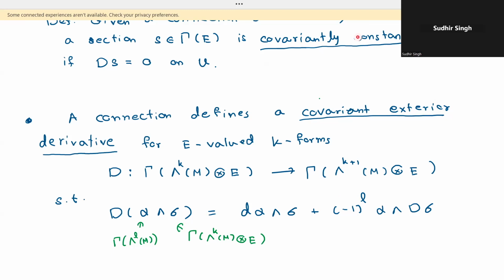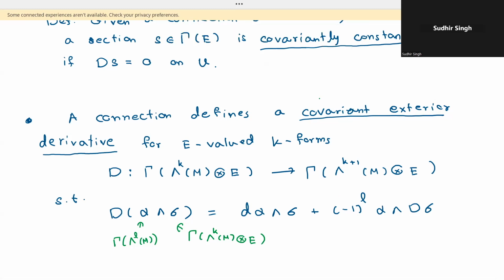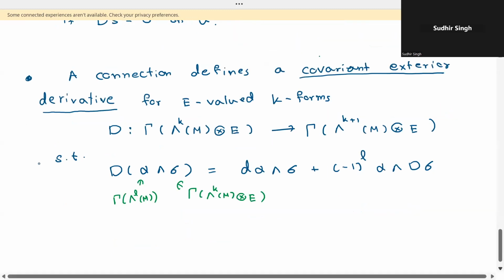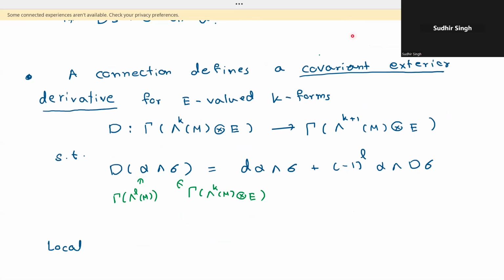Just to define the curvature, let me write the local representation for this map. And I will abuse the notation and always use D to mean the connection that acts on a section of the vector bundle and also this covariant exterior derivative.